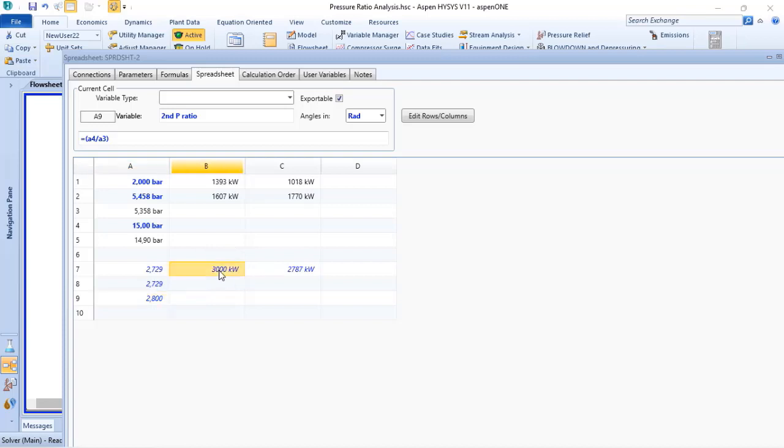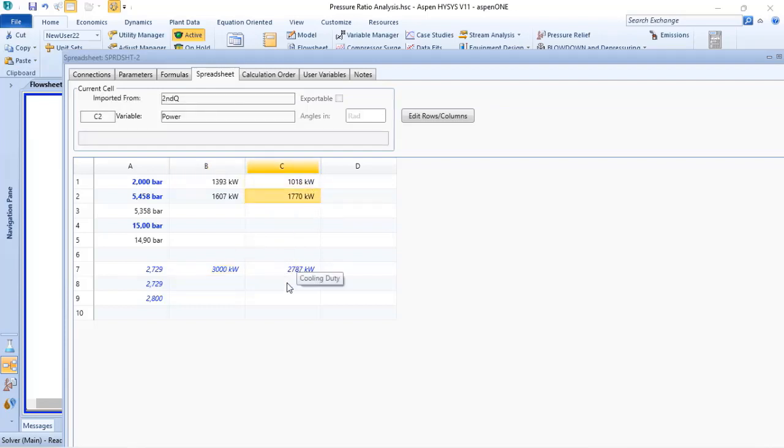Based on that, we have the power calculation or the duty calculation for each stage of compression that leads to 3000 kilowatts, and we have also the heat duty of each stage of compression that leads to 2787 kilowatts. This is the result if we only do the calculation of the pressure ratio and apply it for the equipment.